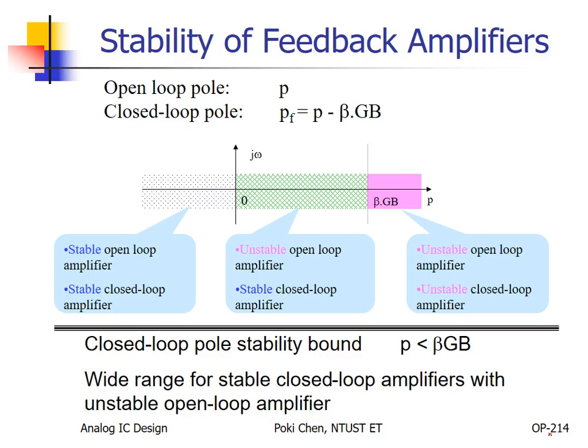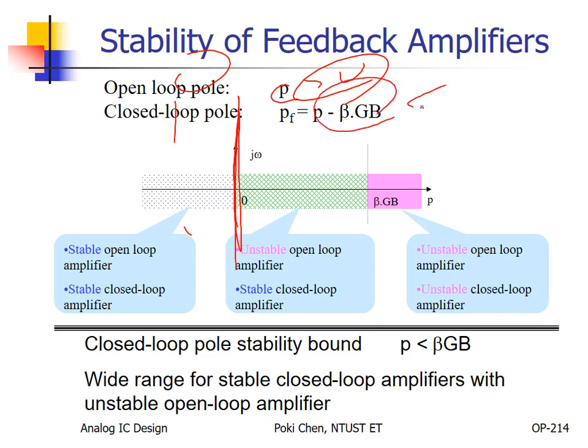See? For the op-amp itself, the pole is positive. Okay? This is the vertical axis. So the pole is to the right. It is unstable for the op-amp. Okay? But if this one is negative, congratulations.